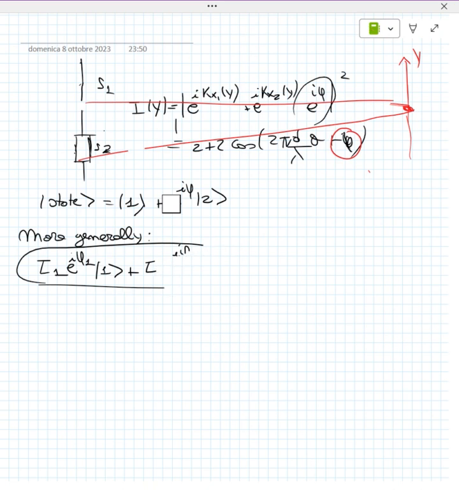The first question is, at which point of the plate does the photon arrive? And the second question that we ask our experiment is, through which slit does the photon pass. So where it arrives and through which slit the photon actually passes.